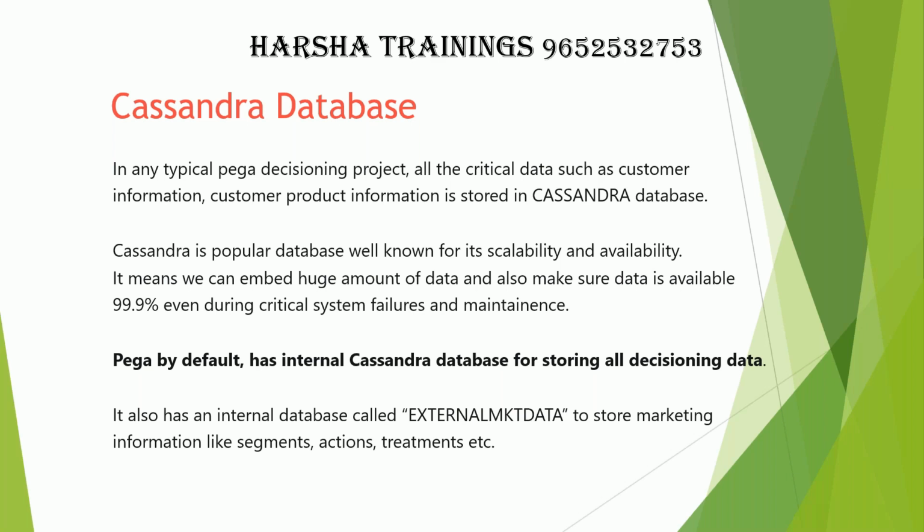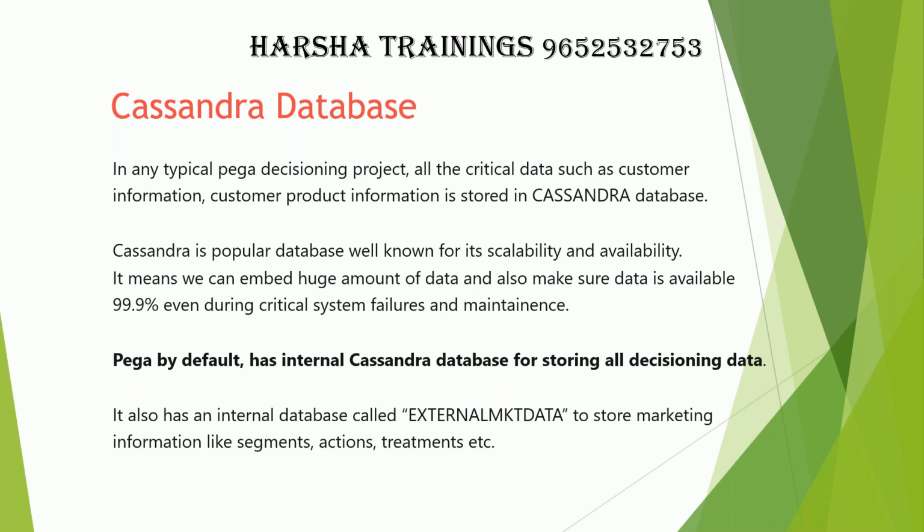Because I told you in that screen yesterday that you provide the input to the CDH about your customers. Most of the businesses that are using PEGA will be very high-end businesses. They might have 10 million, 20 million customers also.